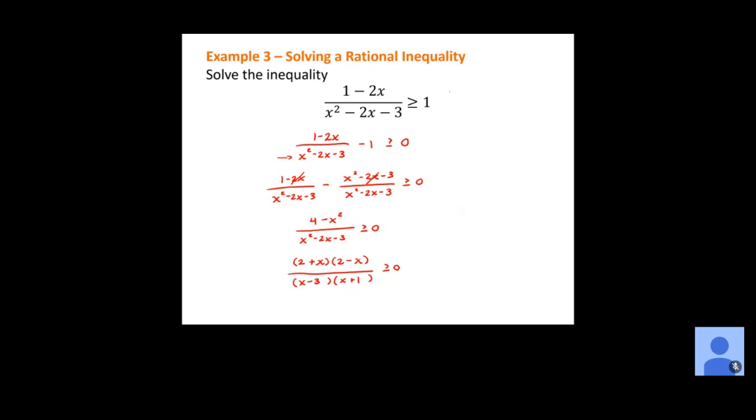I'm going to do 2 plus x equals 0, 2 minus x equals 0, x minus 3 equals 0, and x plus 1 equals 0. All right, so what are the 4 values we're going to use on our number line this time then?